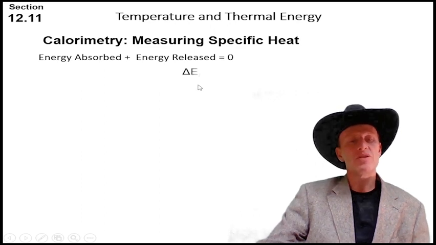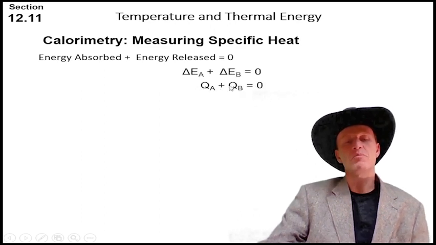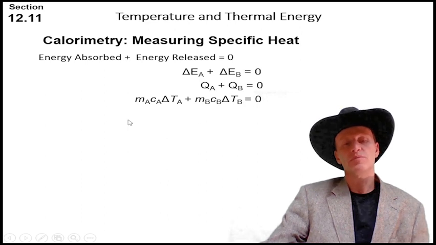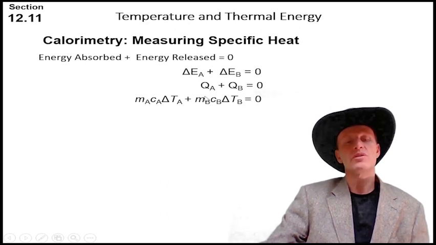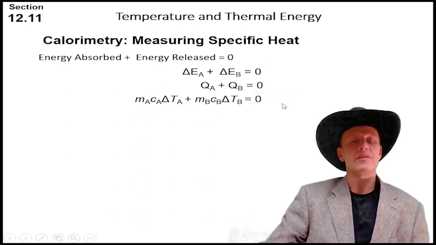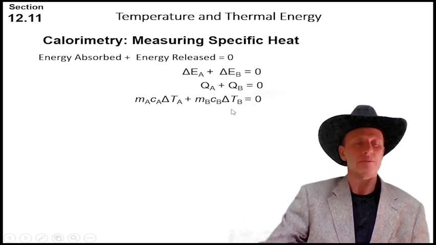So if both energies are heat energies, then both formulas would be Q. So this formula right here is one formula that we're going to use in order to calculate different properties of the objects.